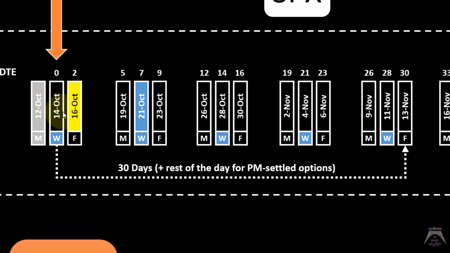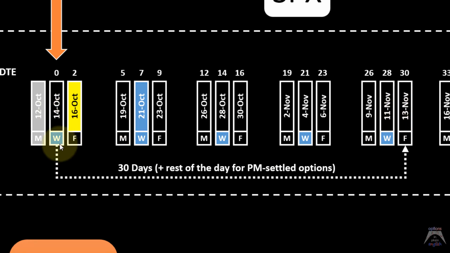If we compare the Wednesday where we are with the November 13th expiration, the algorithm to calculate the settlement value already considers this, but it's important to keep in mind that because this is a weekly SPX option, these ones expire at 4 p.m. and we're talking about market open.